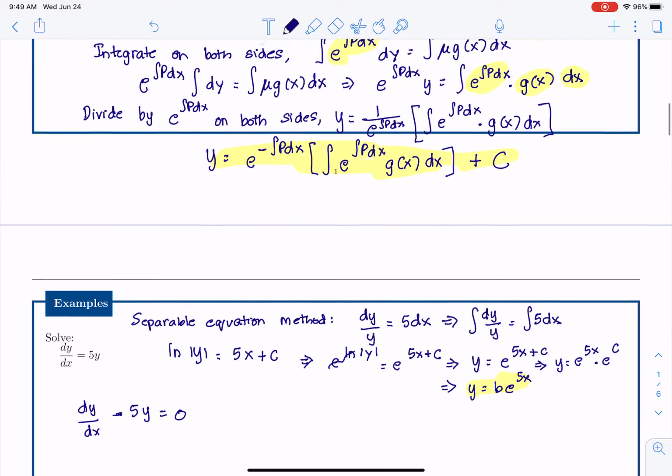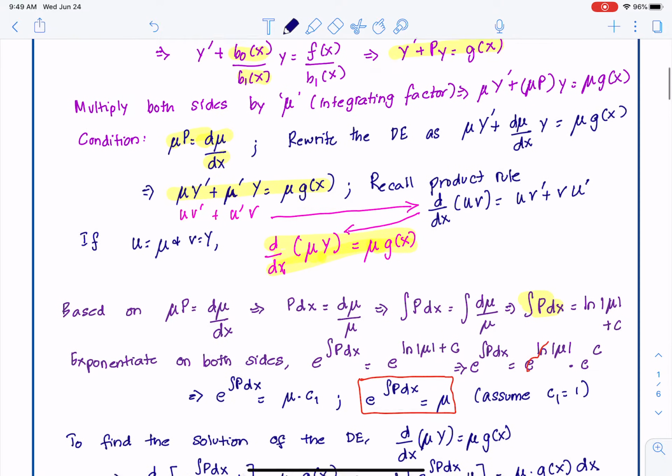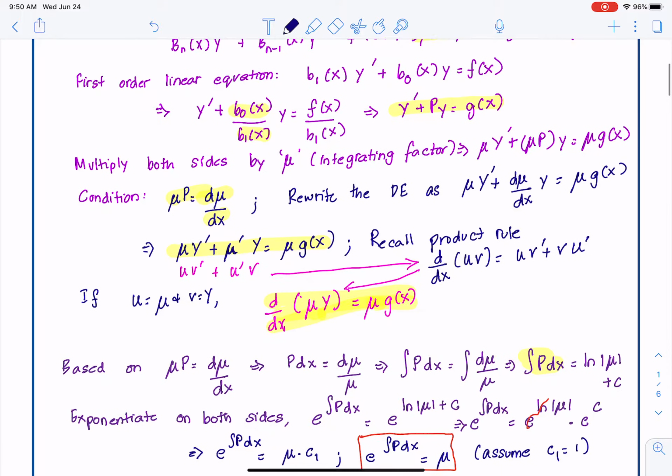So going back to our structure over here, the equation, the one we rewrote, is dy over dx, or y prime, plus p times y equals g of x.